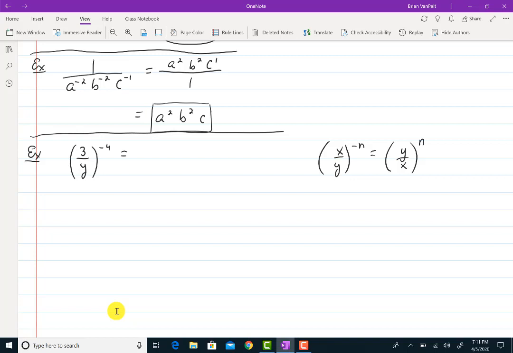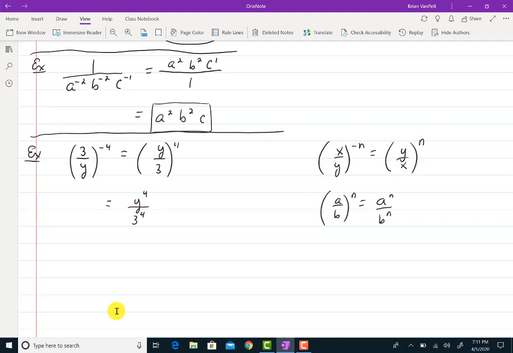So what I'm going to do then is change this to y over 3 to the positive 4. And then I'll make use of the rule. The rule went like this: a over b to the n was a to the n divided by b to the n. So that rule will be used to make this y to the 4th over 3 to the 4th.